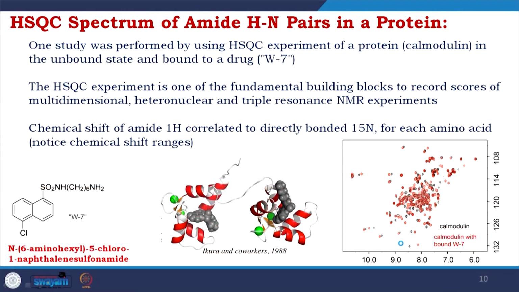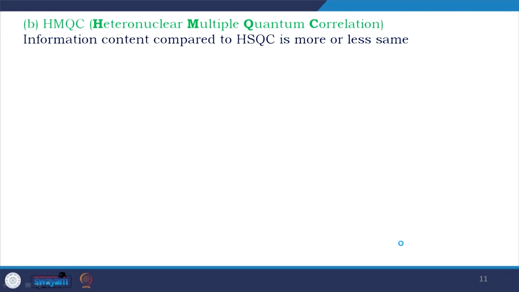So, it is a very convenient way. Whenever you have a drug library, you could screen it and you could take the help of HSQC spectrum.